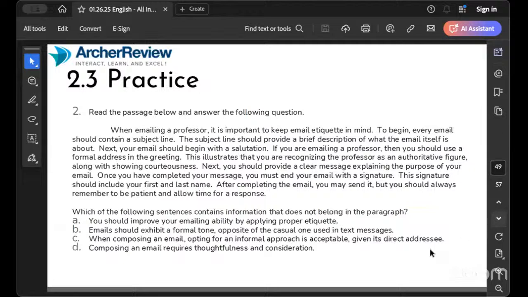All right, let's try this one. I'm going to put 45 seconds on the timer since that seemed to work pretty well, and then we'll come back and check. Ready, set, go.